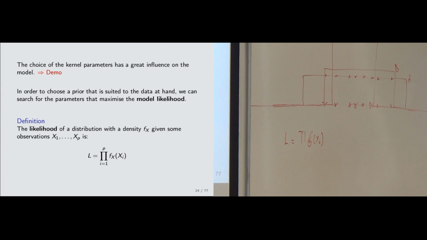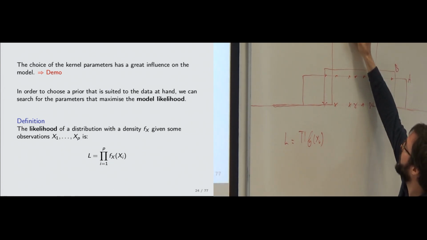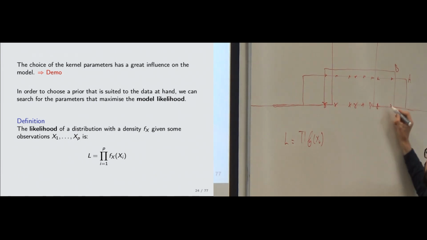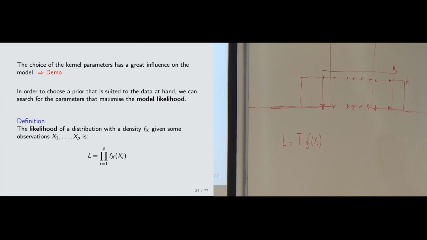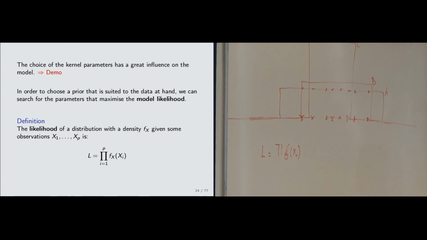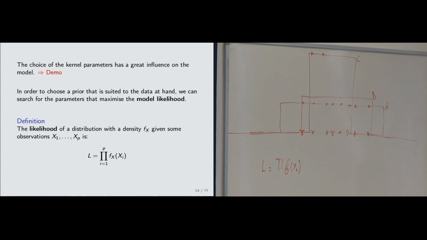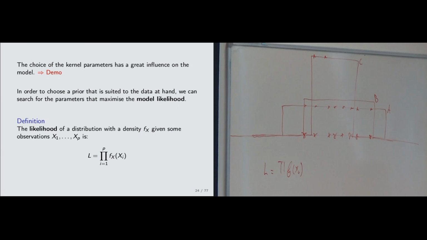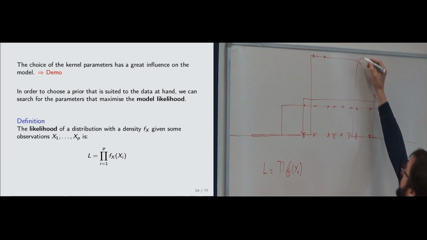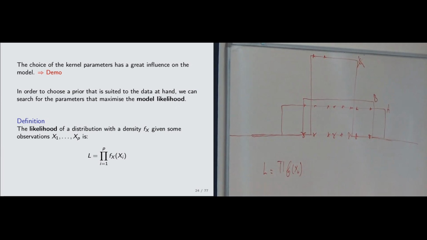So we'll end up with one number, right? If we do the same thing for C, we are going to make the product of these values, but also these guys in here, where the PDF is equal to 0. So the likelihood of C is going to be 0, just because it's not possible that these observations are coming from this model, right? So no, you shouldn't pick the model C. It's not something that is possible.